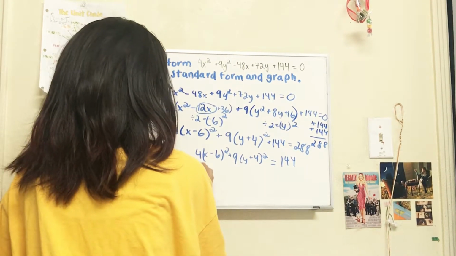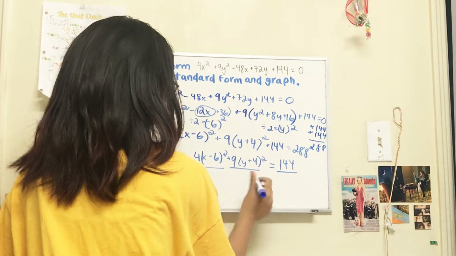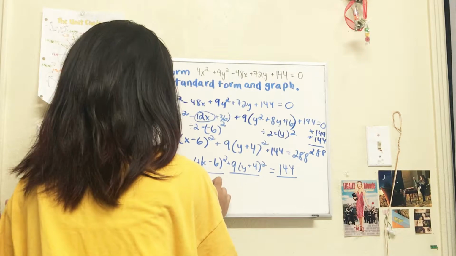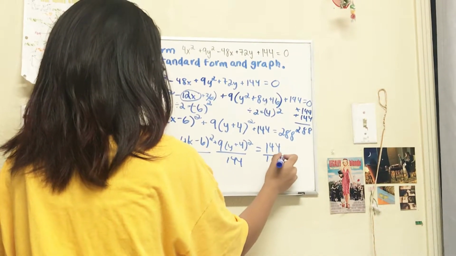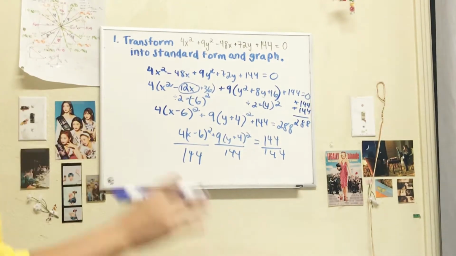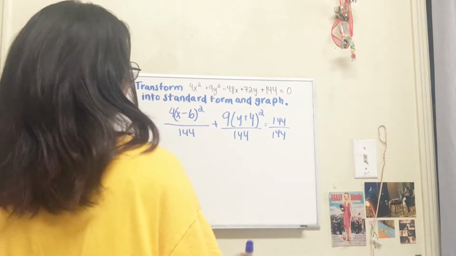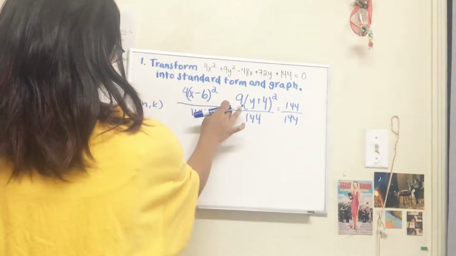Next, we want to divide both sides by 144 to get 1 to complete the standard form. So now we must divide both sides by 144 in order to get 1 on the right side and in order to get rid of the 4 and the 9.